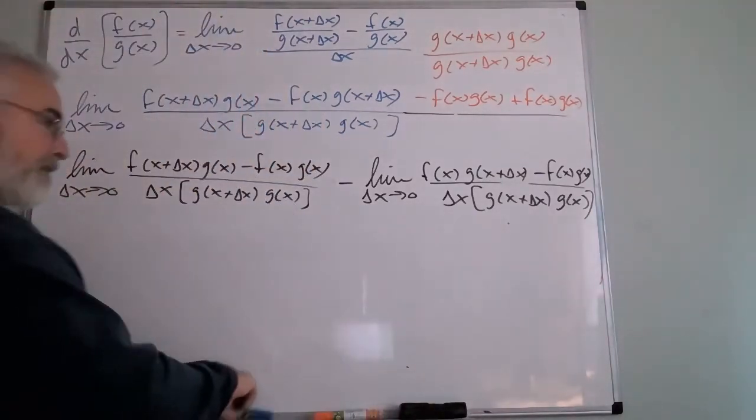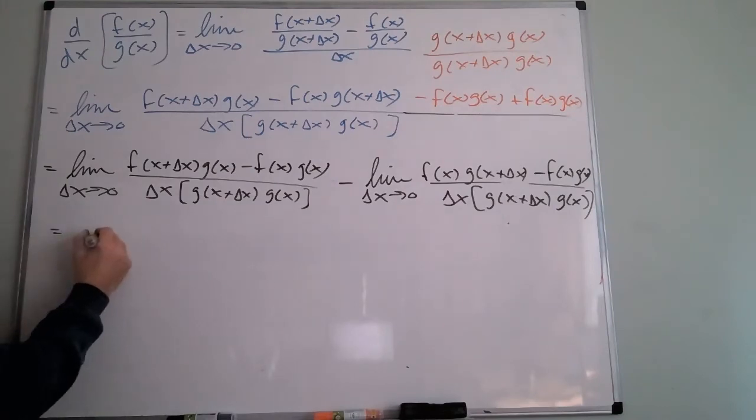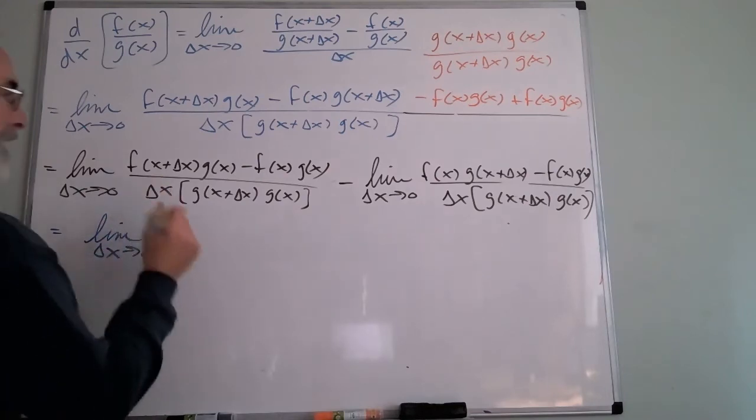All right, I'll use the blue pen. Clearly, this is a blue pen situation here. So my numerator now is going to be this. This is where I got to be a little bit clever.